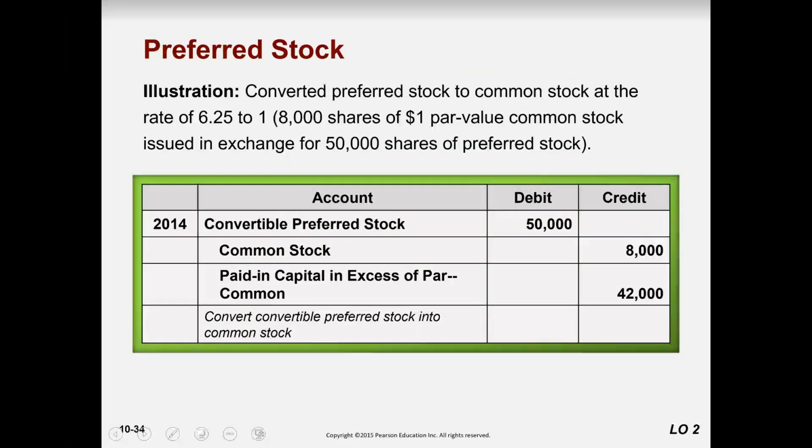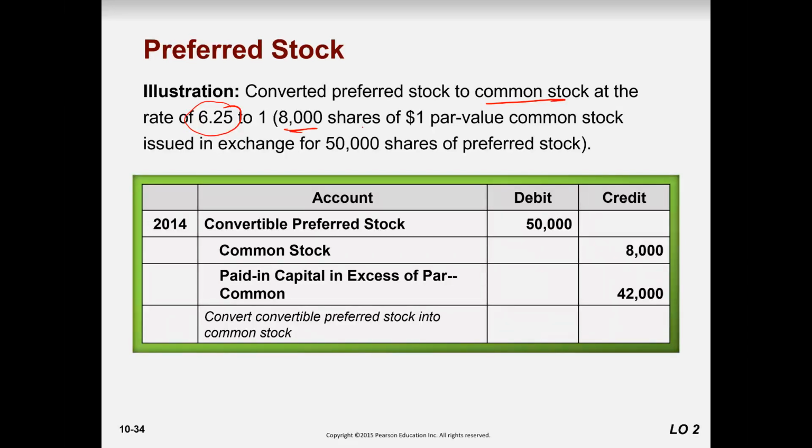Now what happened? You convert after some time into common stock. What will be the entry now? Convertible preferred stock to common stock at the rate 6.25, which means for every one preferred stock you are giving 6.25 common stock to the preferred stockholder.